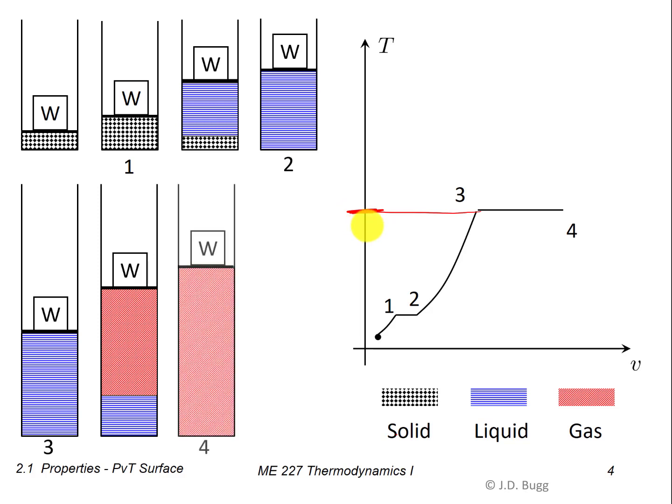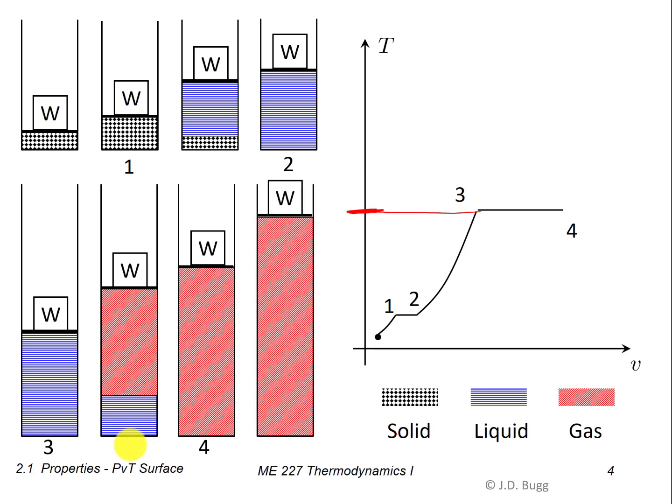And of course that's going to continue until all the liquid has been converted into vapor, and then after that the vapor will continue to expand as we add more heat, and the temperature then will begin to rise again. So this is a line of constant pressure on TV coordinates, and it shows two phase changes.